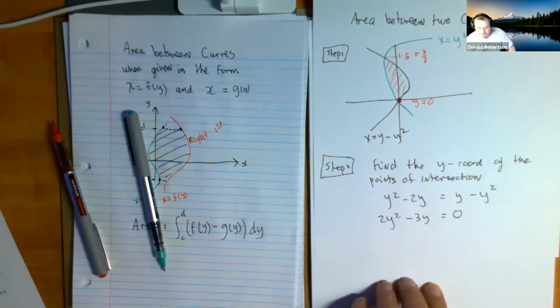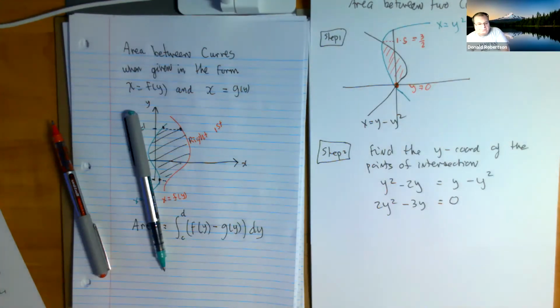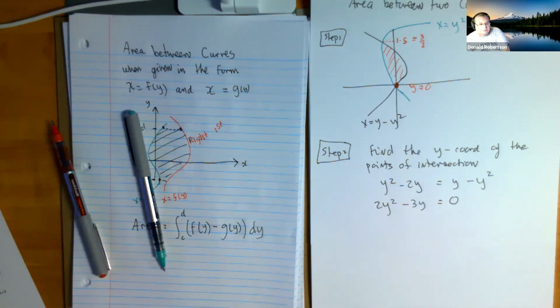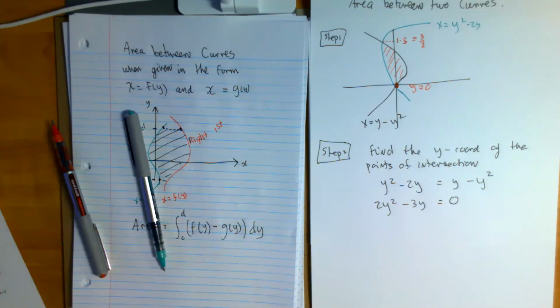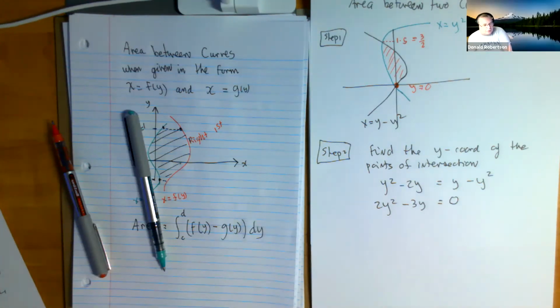Okay, tell me what the next line should look like to solve this equation. What should I do here? Quadratic formula? Well, you know, the quadratic formula would work, so that's not the wrong thing to do. But I try and avoid the quadratic formula unless I can't help it.